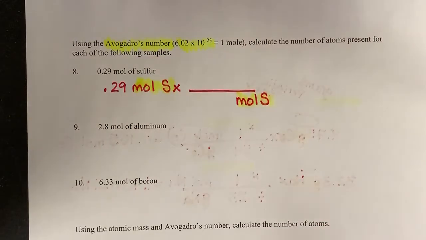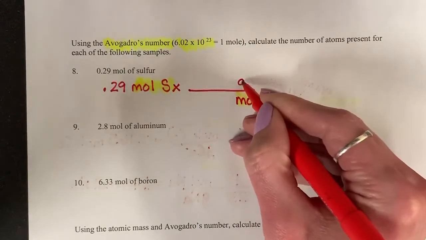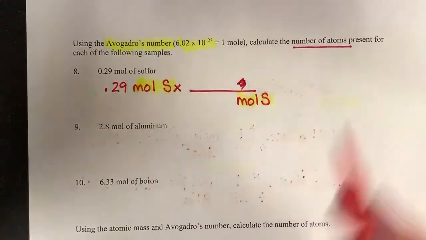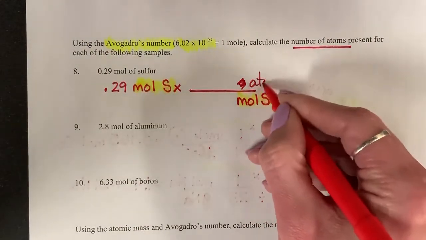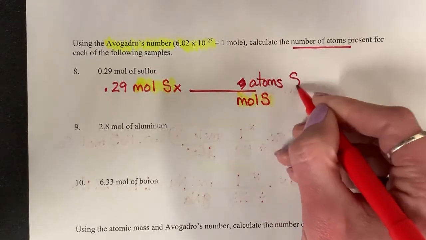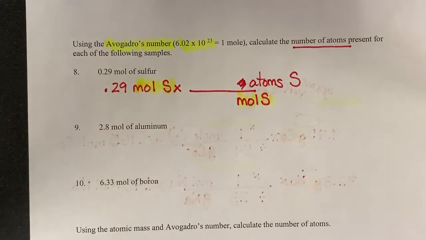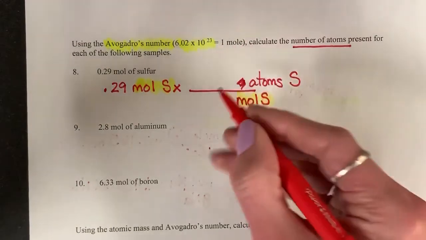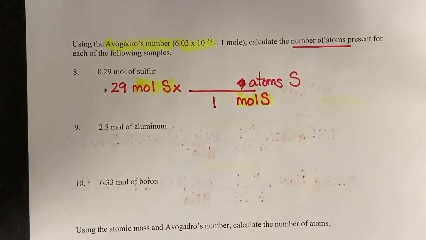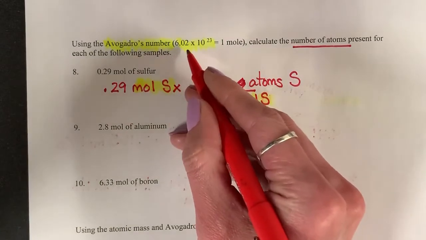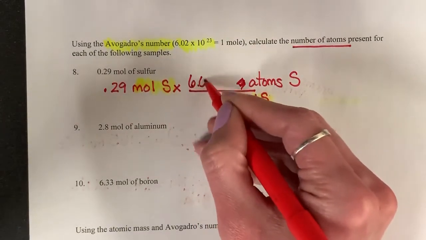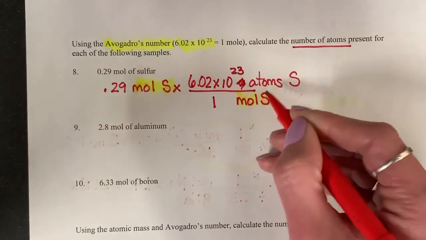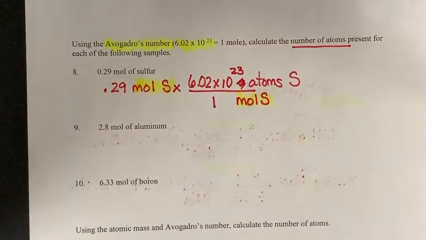I'm changing to grams. Nope, sorry. If I read the problem, I'm changing to atoms of sulfur. Okay. Now I'm told that 1 mole is equal to 6.02 times 10 to the 23rd atoms of S.